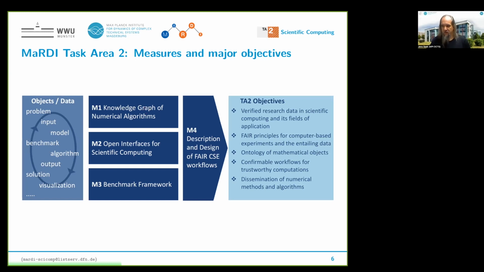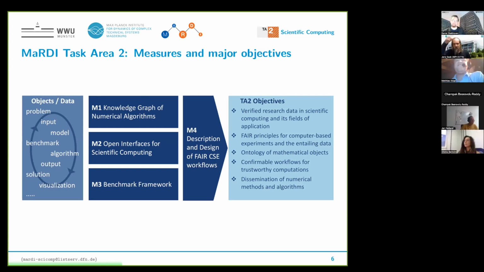So given you have a specific mathematical problem and you're searching for a solver for that, you can ask this graph, for example, also for software that provides solvers for this.